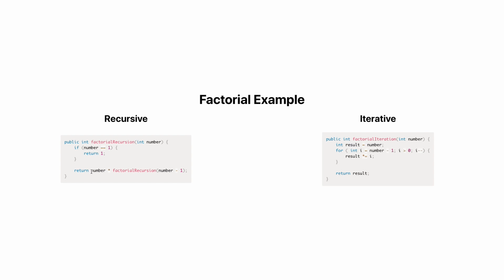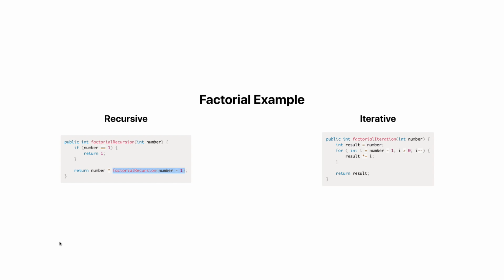This is a little bit redundant because I think you explained this already, but compared to Inception, this goes all the way down to the bottom layer, and then as it comes out, it runs the actual function. All the multiplication stuff doesn't happen until you reach the exit. So here, where it's number times, it waits for this function to return something before it actually does the multiplication, and it won't return something until the exit clause.